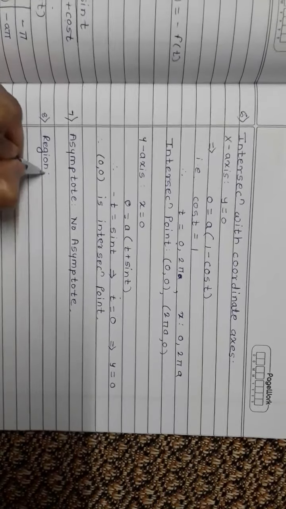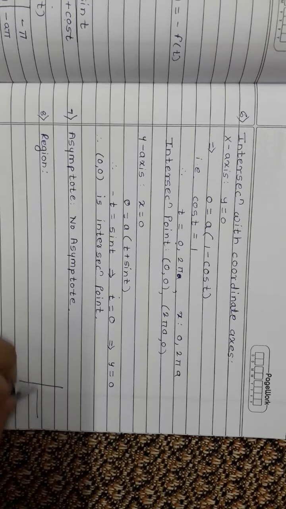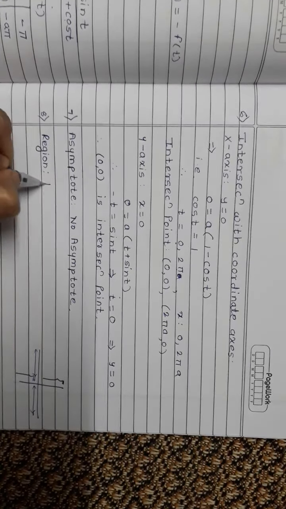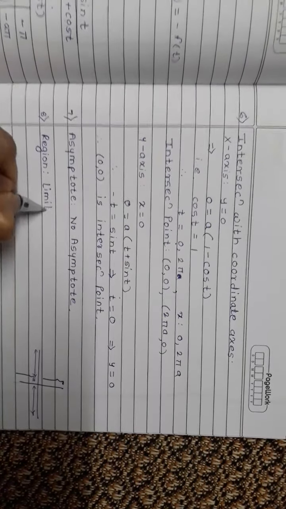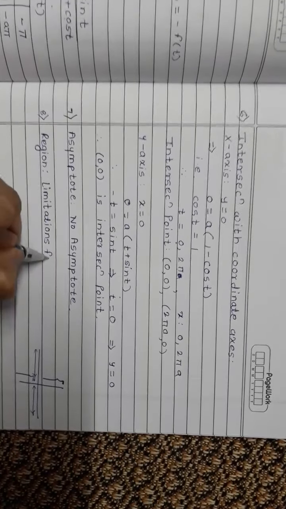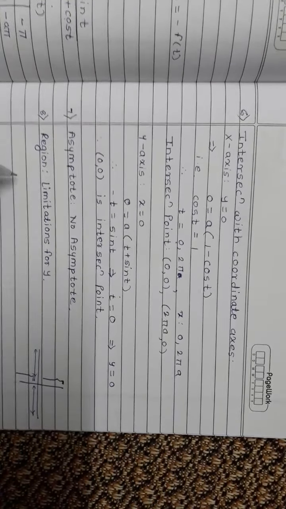So since this is symmetric about the x-axis, whatever part is present here, the same part will appear here also. The only thing we need to decide is whether the given curve is present here or here. So I'll decide the limitations for y. How to decide this?